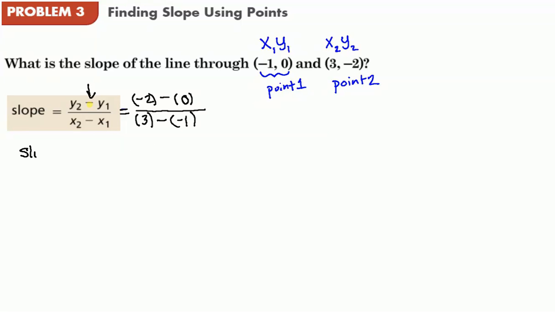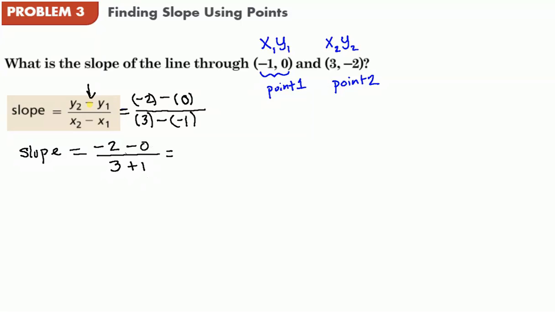So our slope is going to equal -2, so I'm going to get rid of the parentheses, minus 0, divided by, get rid of these parentheses and put a 3, and then you have a negative times a negative. When you have a negative and a negative, that turns into a positive. So that's going to change to a positive. So I'm just showing you the visual there. So this becomes a +1.